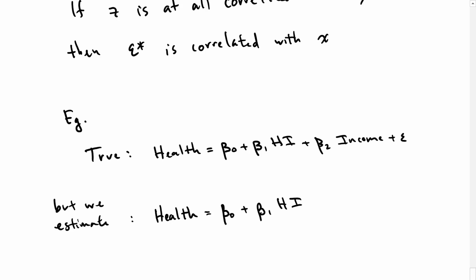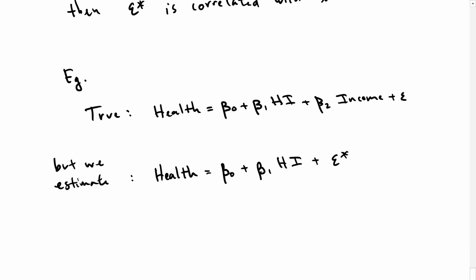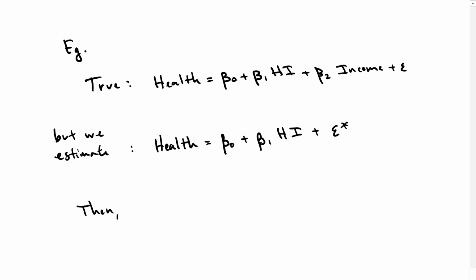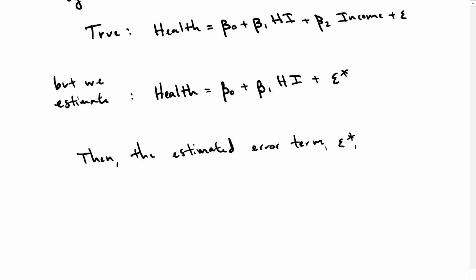If we estimate this and we leave out income, then the estimated error term epsilon star includes income, which is correlated with whether or not a person has health insurance.